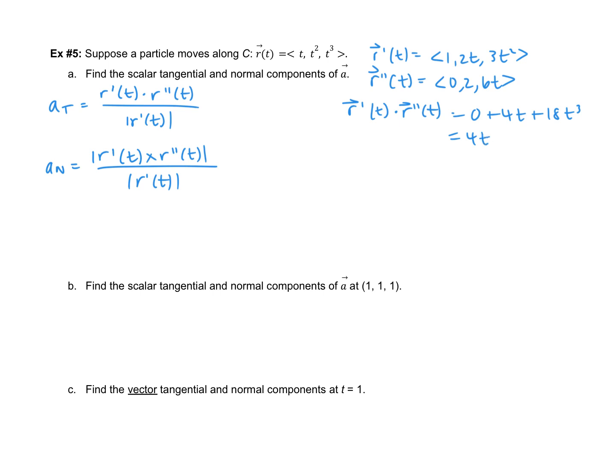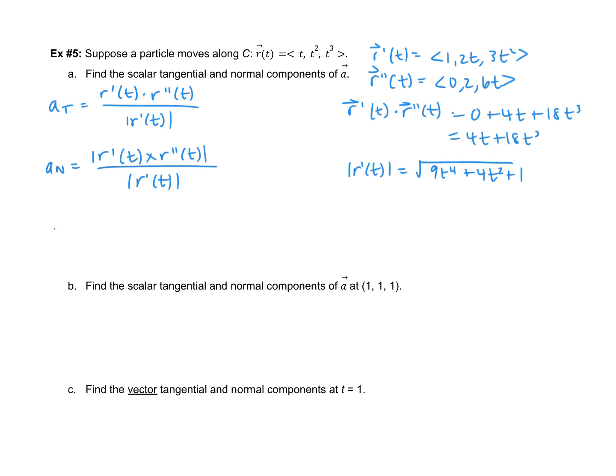So this gives us 4t, add 18t to the third. Then we're going to need the magnitude of r prime, which is the square root of 9t to the fourth, add 4t squared, add 1.